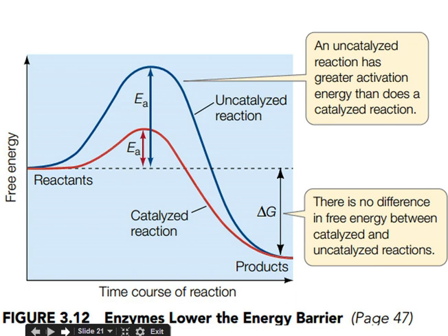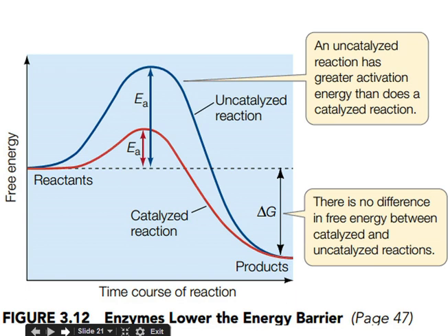Okay, so looking at this graph, we should see two different lines. One's red, one's blue. Now, the blue line is representing an uncatalyzed reaction. An uncatalyzed reaction means there was no catalyst, or in this case, because it's a biological system, no enzyme present in this process. So it took a lot of activation energy to get to the transition state, which is pretty much the top of the heap.